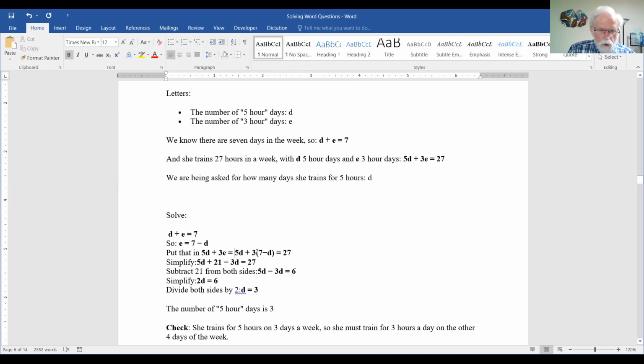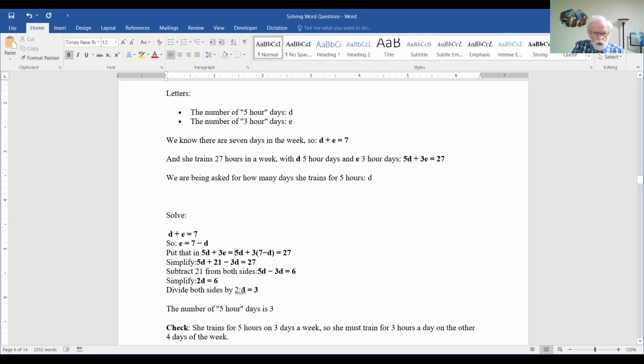We first clear out the parentheses by multiplying 3 times 7 and then 3 times minus D. So we have 5D plus 21 minus 3D, still equal to 27. We subtract 21 from both sides. 5D minus 3D equals 6, so 2D is 6.